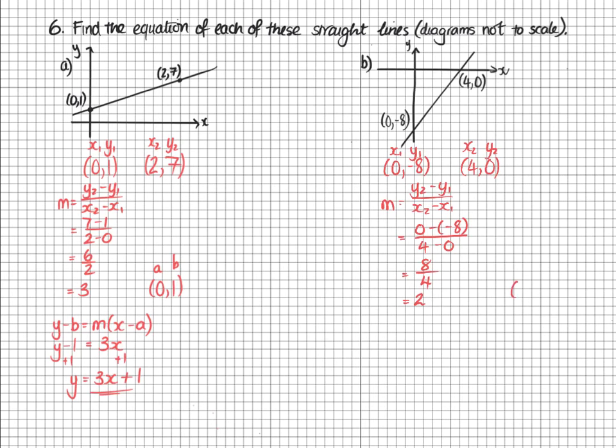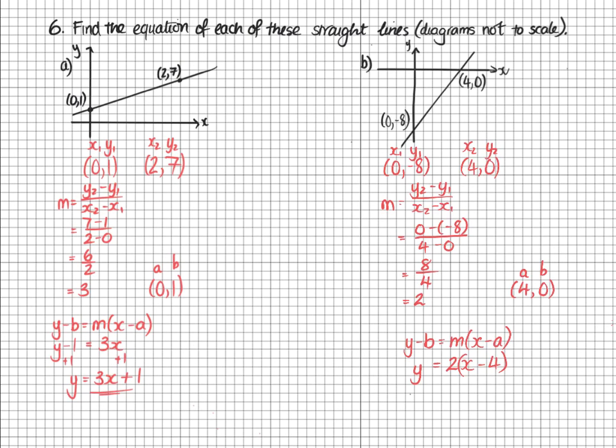Then let's pick our 4, 0. That's our a and our b. So we have y minus b equals m of x minus a. b is 0, so it just goes away, and we get 2 times x minus 4.